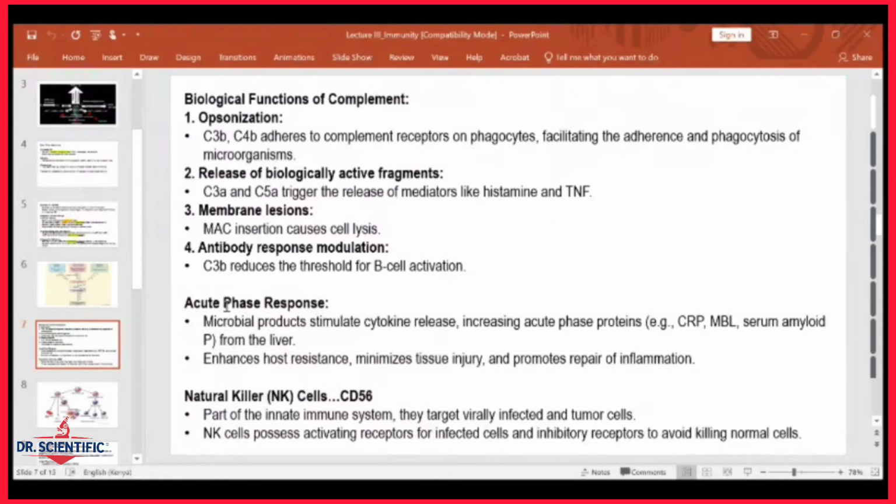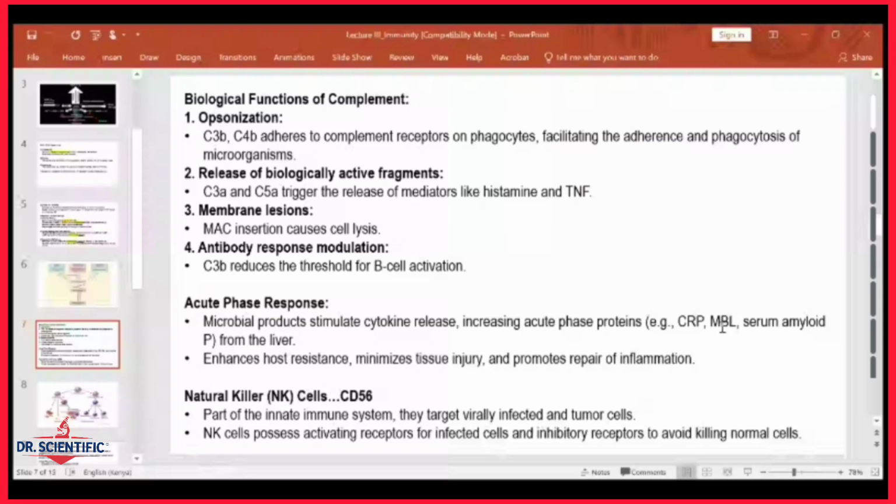Of course, in the innate immunity, we also have the acute phase response, where microbial products stimulate cytokines to release acute phase proteins. These are proteins that are released immediately after an invasion. These proteins are important because they neutralize the invaders, like the C-reactive protein, the mannose binding lectin.